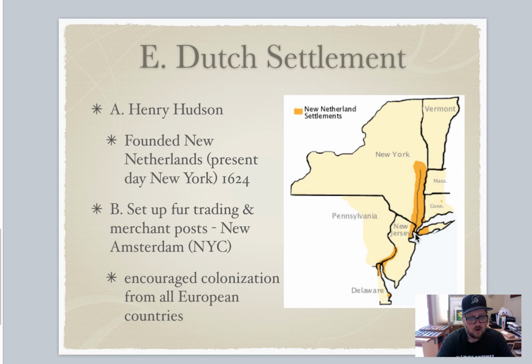So early on, New Amsterdam, which is now New York, is going to have a huge amount of diversity comparatively to other colonies, and it's going to be quite small. Eventually in 1660, with threat of war, the Dutch will sell this land to England, and this will be renamed New York.